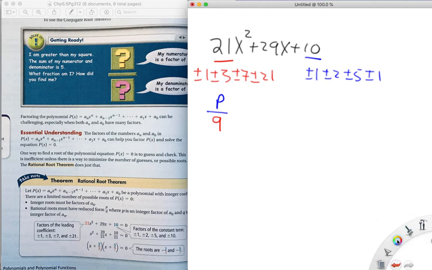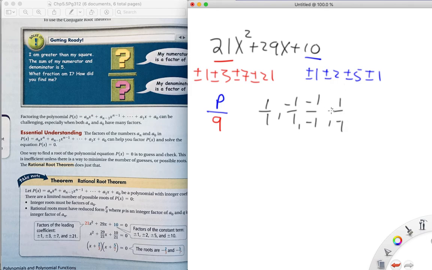It'll be 1 positive over 1, which equals 1 positive, and then it would be negative. So 1 over 1, negative 1 over positive 1, negative 1 over negative 1. See where I'm getting with this? 1 over negative 1.